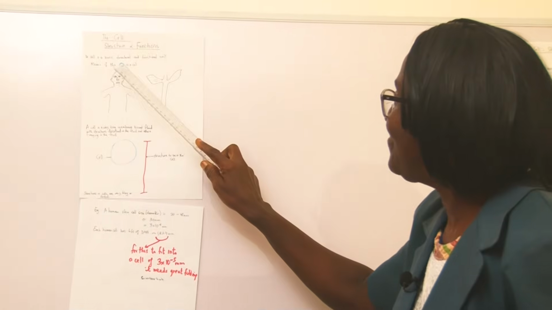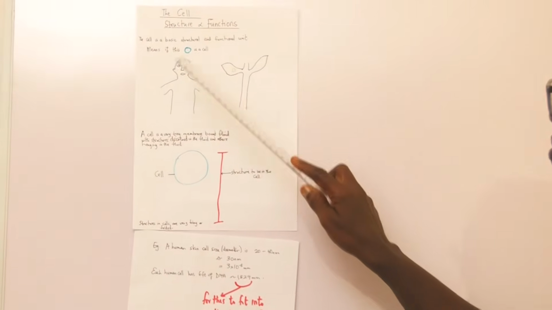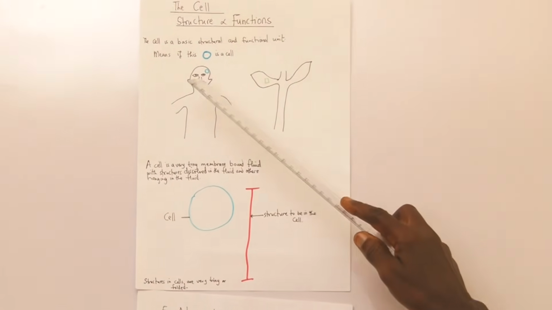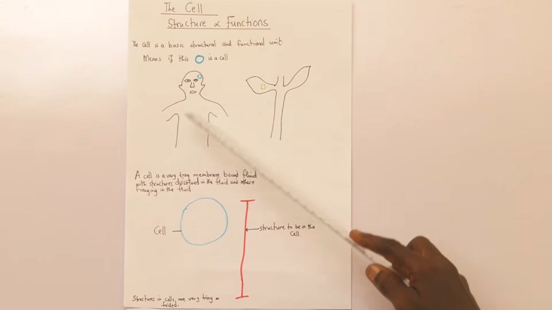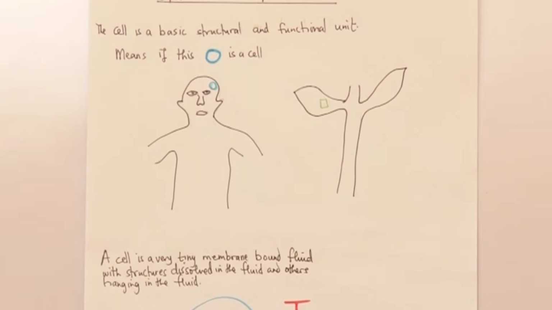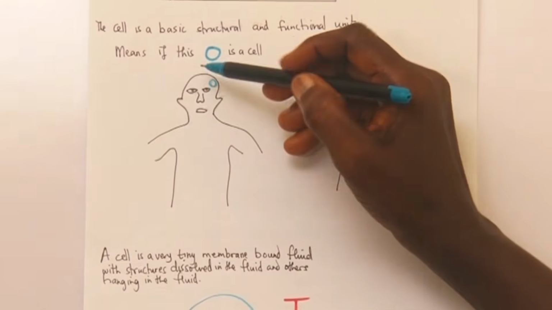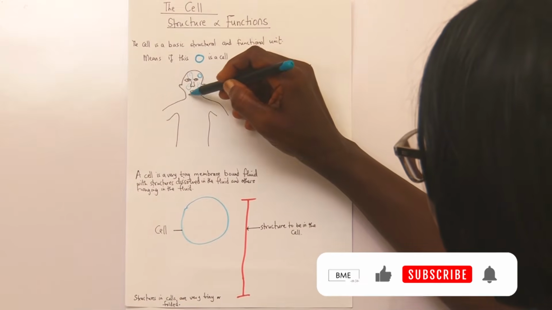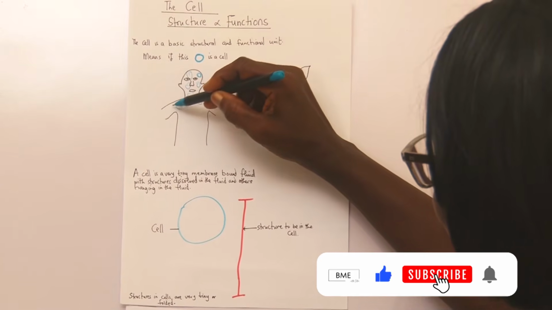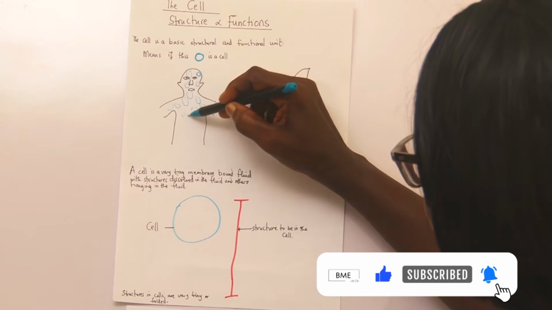It means that if this is the cell, this blue thing is the cell, this animal, every part of this living thing will be a cell. That is the basic structural unit, the cell.